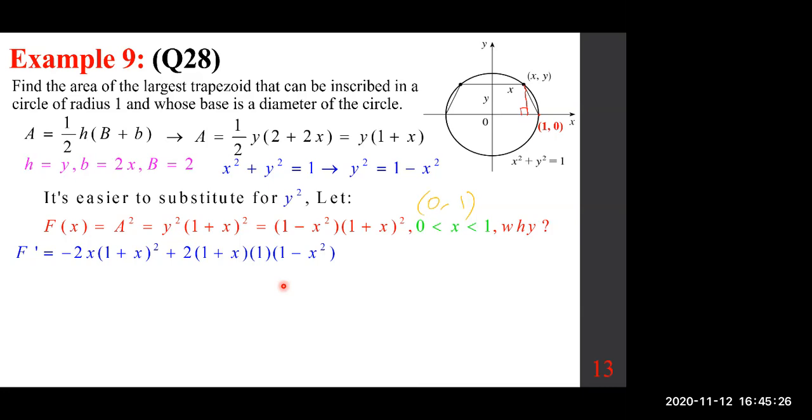So having said that, if we go like this, we can take out the 2 or negative 2, either way is fine. And you see 1 plus x squared, you see 1 plus x, we can take out 1 plus x. If you go this route, factoring actually is a tad easier, believe it or not. So let me show you how the factoring works. So you take the negative 2 out, you get the 1 plus x out. So from here, we get x left and 1 plus x. So this is from this piece, everybody.